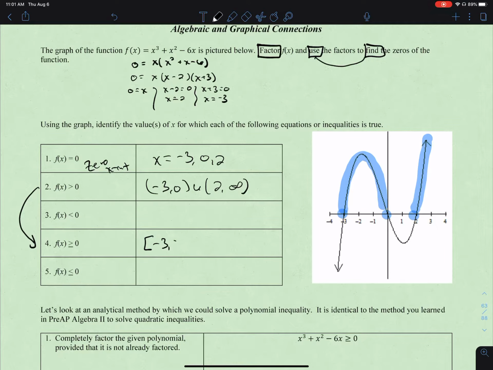So it's from -3 to 0, inclusive, in union with 2 to infinity, inclusive. Infinity is not a number, it's never included. If you look at these answers, the only difference between the two is us including or not including the endpoint of our interval. Since this includes the x-axis, we're including the numbers in our interval. This does not include the x-axis, so we're getting as close to it as we can.